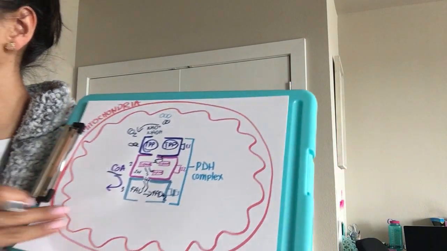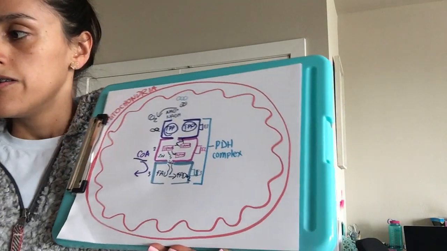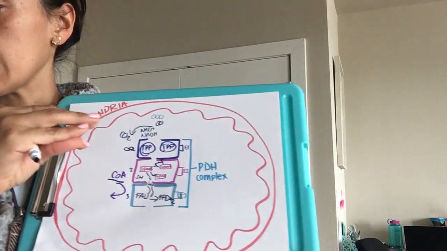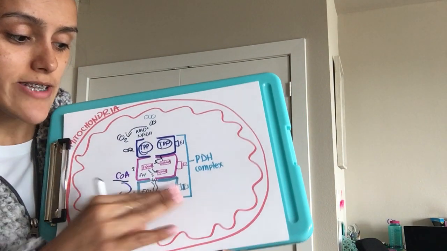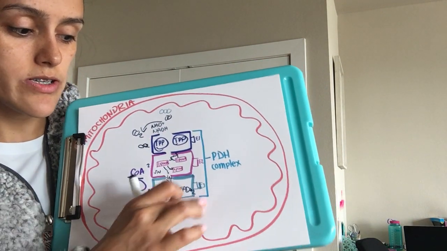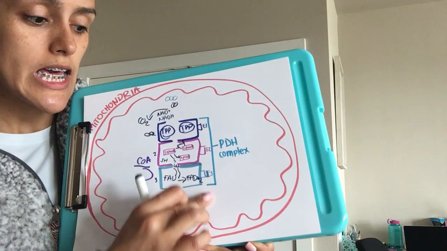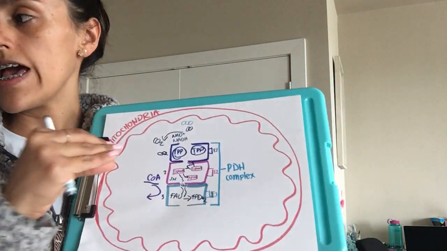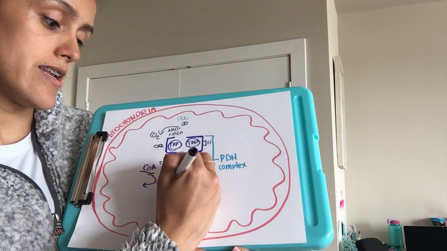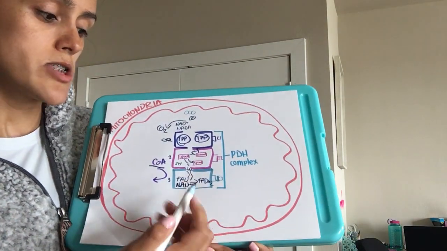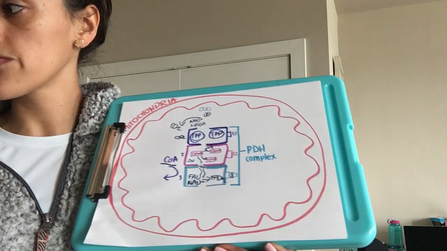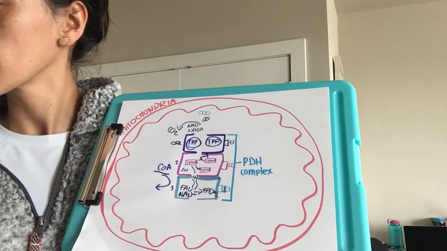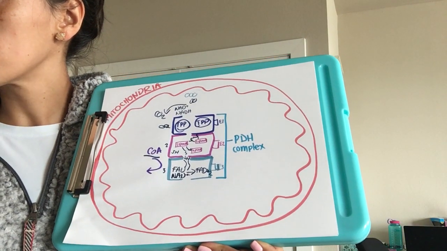In this process the hydrides become attracted to this FAD, so it turns into FADH2, but it also needs a little help from NAD+ to get control over those hydrides.